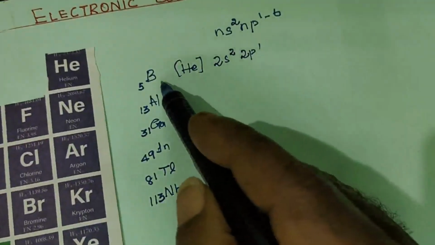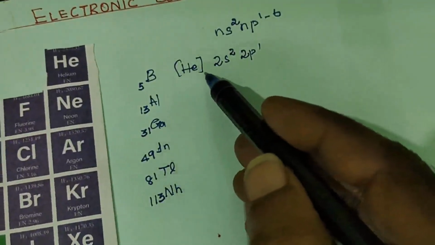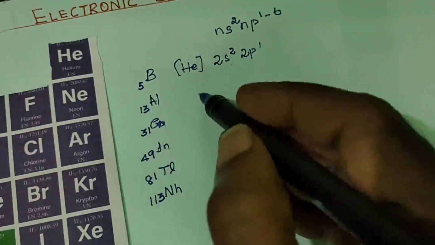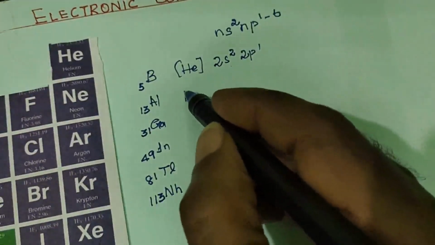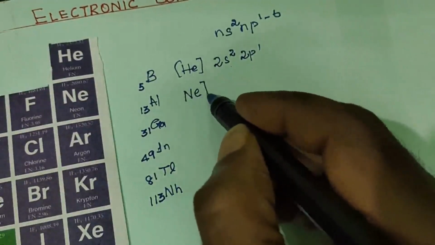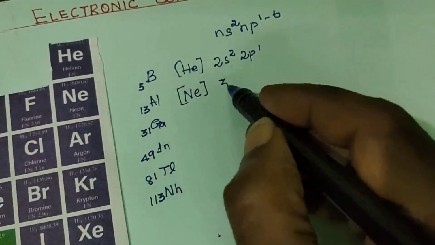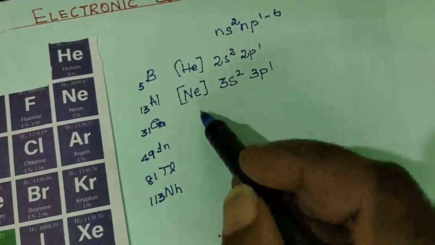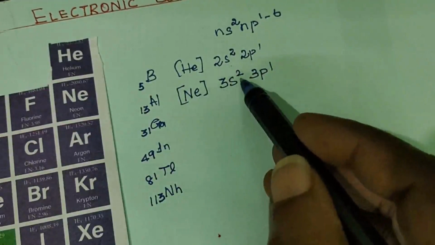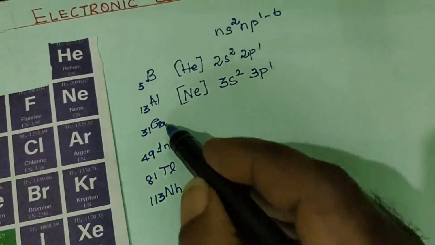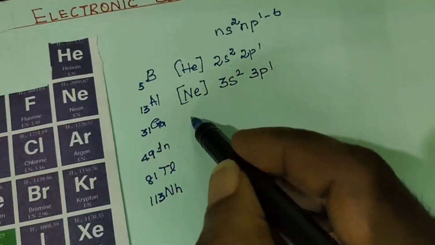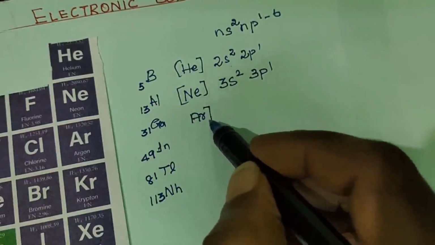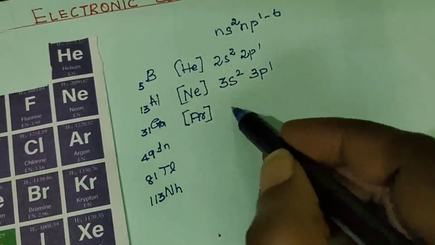For boron, the nearest inert gas is helium, 2s2 2p1. Then aluminum, neon 3s2 3p1. Neon contains 10 electrons, so 10 plus 2 is 12, 12 plus 1 is 13. Then gallium, the nearest inert gas is argon, 4s2.